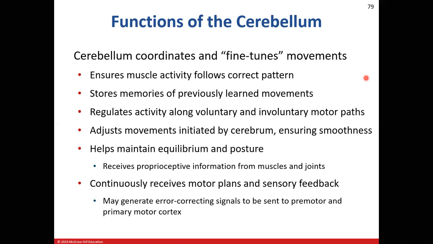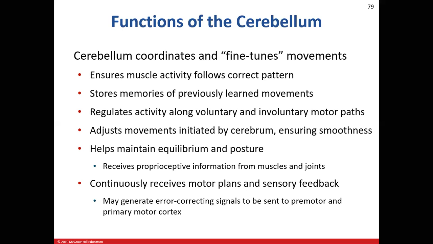It also helps to maintain the equilibrium and posture. And so it's going to receive proprioceptive information from our muscles and joints. And so as it does this, then it's continuously receiving motor plans from the cerebrum, but it's also receiving sensory feedback from the rest of the body.